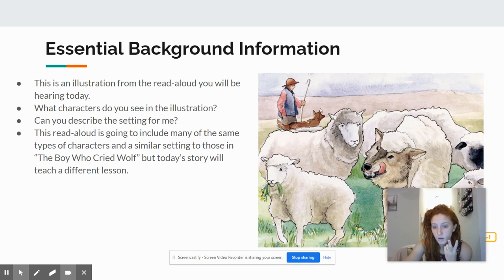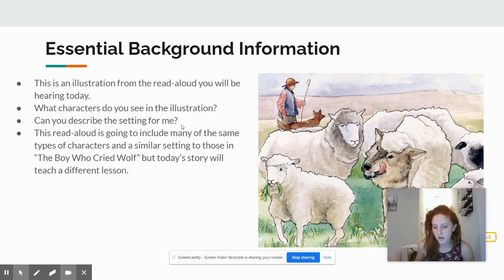I see what I think is like a herd dog, like a guard dog kind of thing. Look at this sheep, because it doesn't look quite the same as the others. What is this? Is this a sheep? No, it's not a sheep. That's a wolf. And it's dressed up in a what? In a disguise, okay?